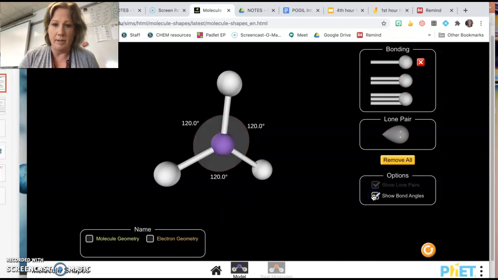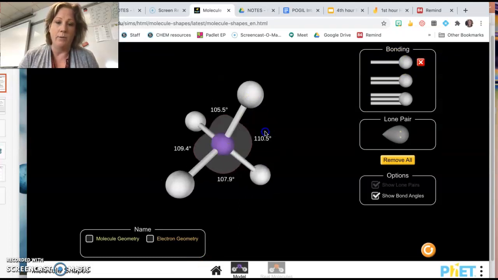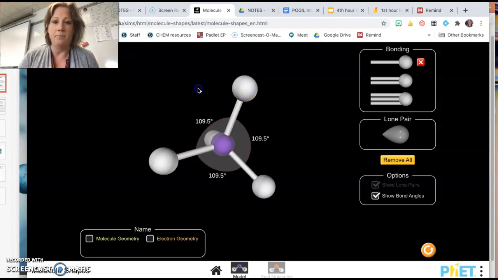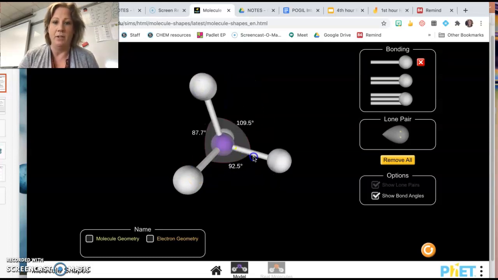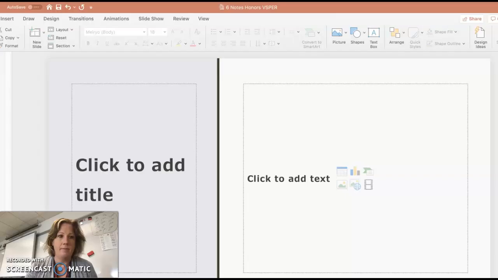Here, I'll show you the bond angles. If I add another, see how the bond angle went down even more. So these two electrons in these bonds, which are like a stick in this simulation, are repelling one another and causing this to take on the shape.